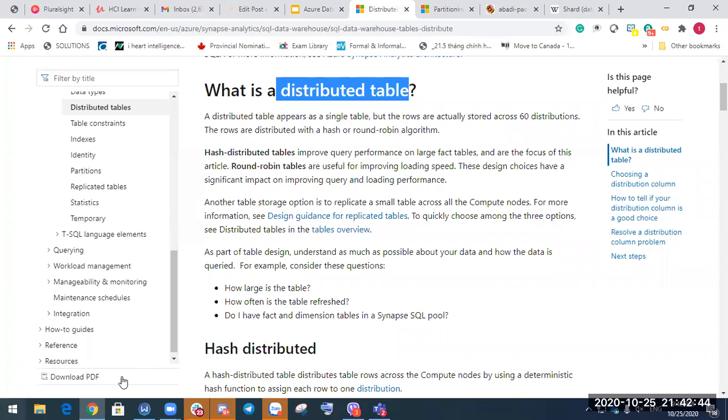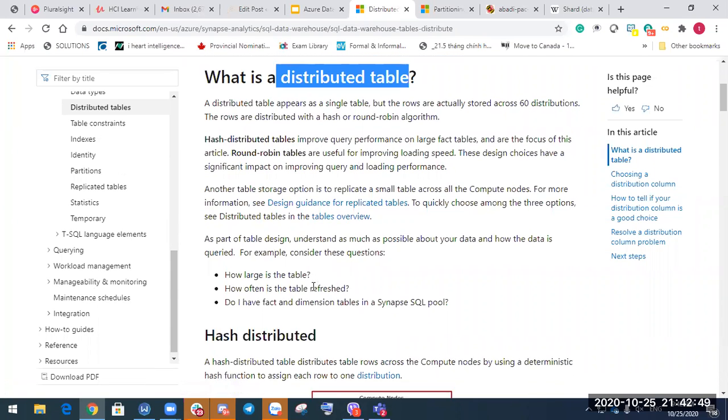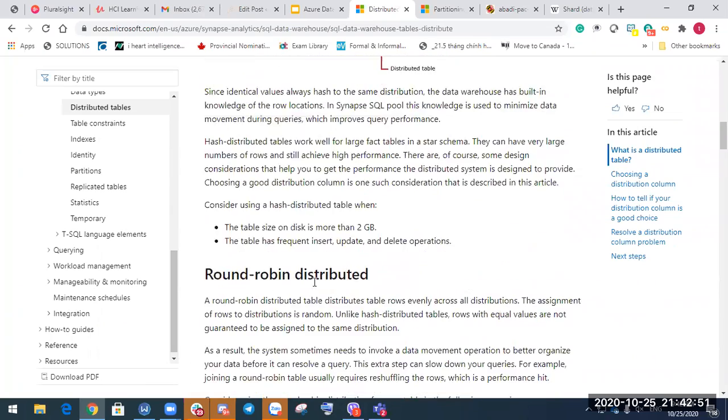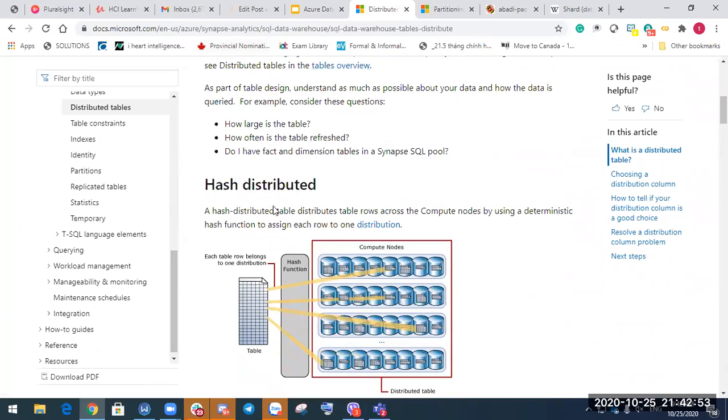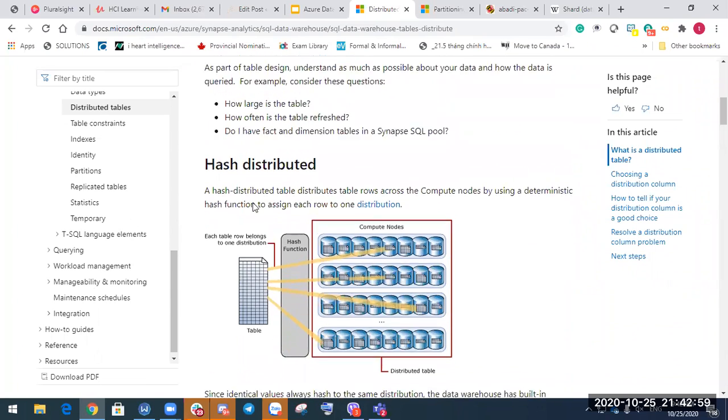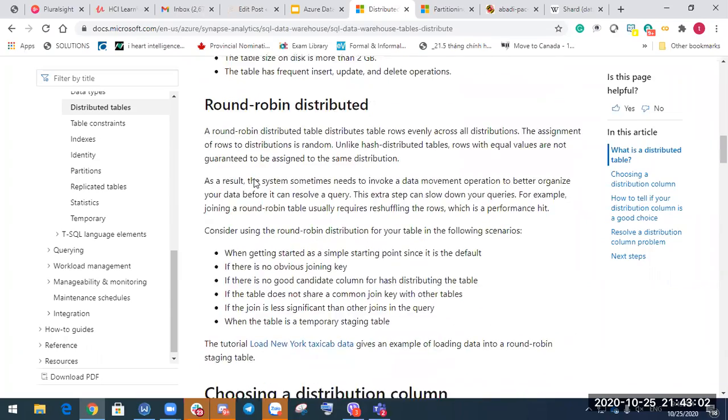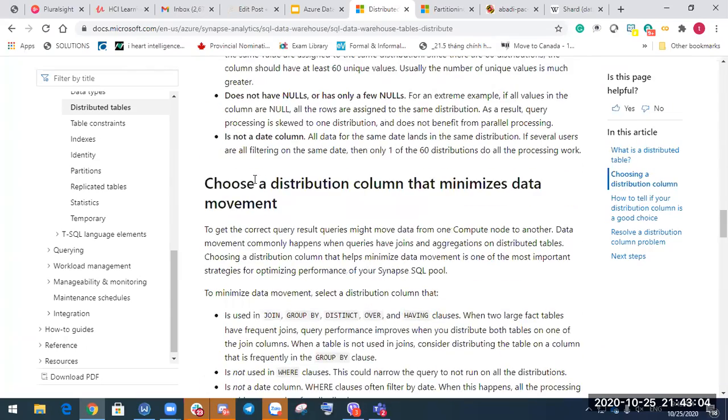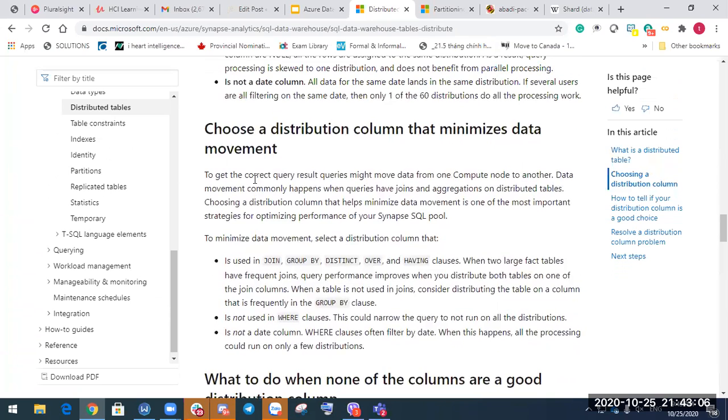And again, these are not concepts unique to Azure, they are everywhere. In this article, firstly, it talks about different methods of how to distribute a table: hash, round robin. But then I want you to see this one here.